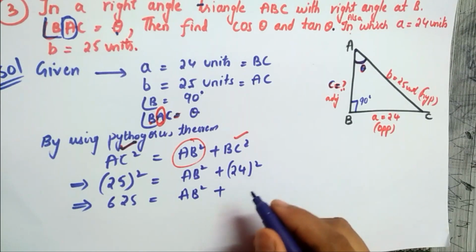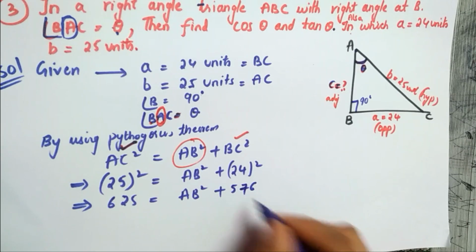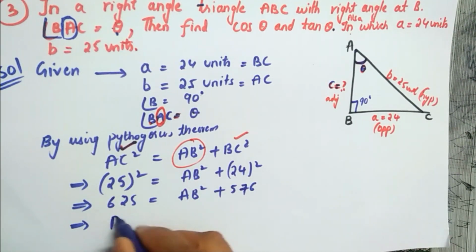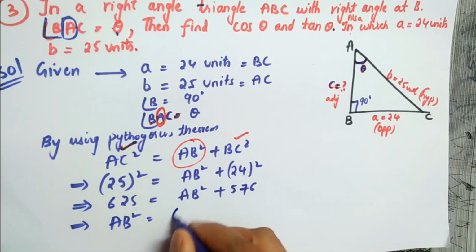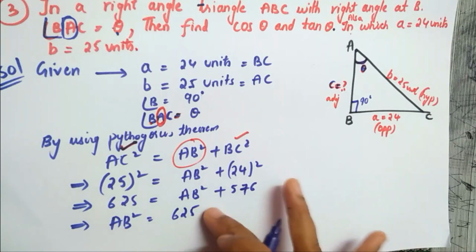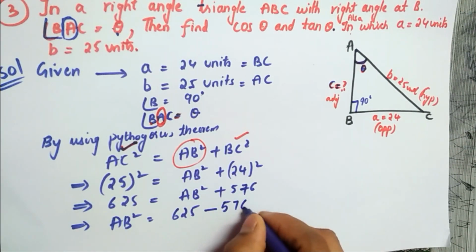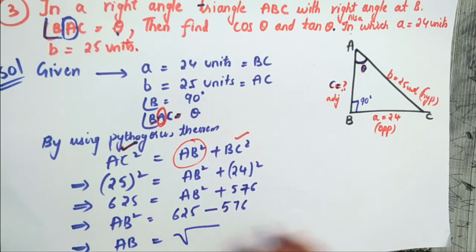What is 24 square? It's 576. Keeping AB square as it is and sending this to the other side, 625 as it is, and this plus will become minus 576. Which implies AB is equal to root of 49. Nothing but AB is equal to 7.